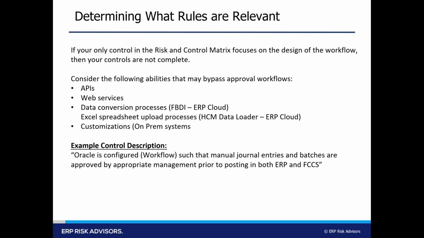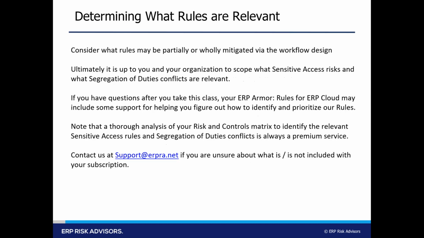But the fact is there are other risks beyond what the workflow process is in and of itself: APIs, web services, data conversion processes like FBDI, Excel upload processes like HCM Data Loader, and then potentially customizations if you're talking about on-prem systems. So when we look at the RCM, often we'll find the risk library isn't complete, or the ways that some of these workflow processes can be bypassed haven't been taken into account from a control design perspective.